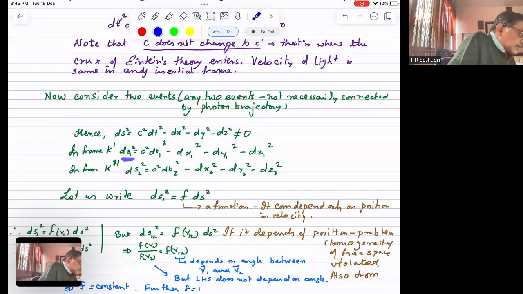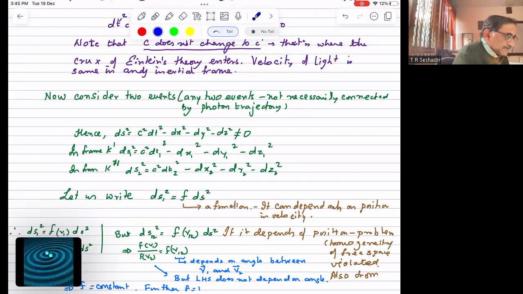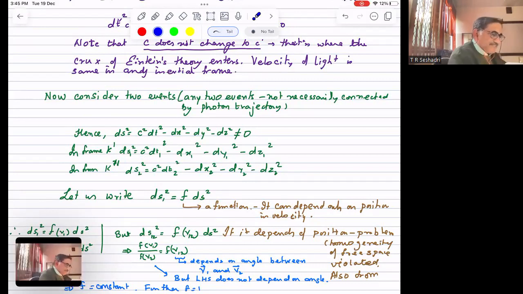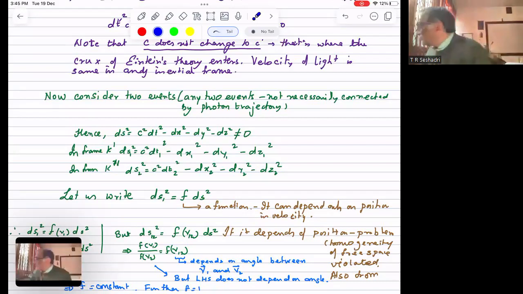It will be ds1 square equal to c square dt1 square minus dx1 square minus dy1 square minus dz1 square. And in another frame, K double prime, it will be ds2 square, with the same form. Is this clear? A setting up of the problem? Yes. Okay, fine. Now, you know that if it was a photon, then ds is 0. Suppose it was not a photon, I can always write one ds in terms of the other ds.